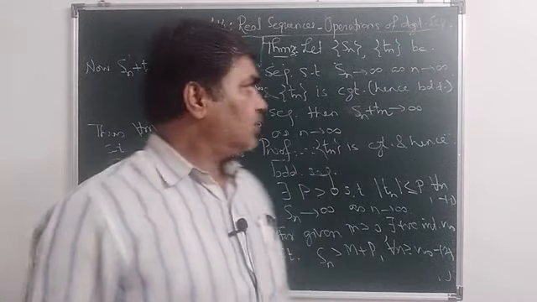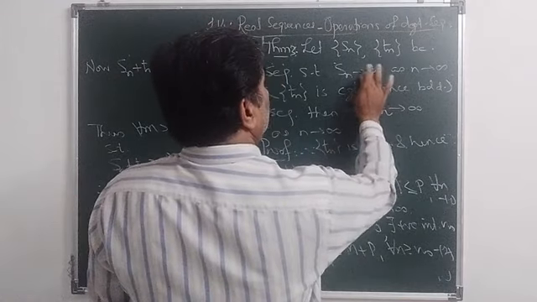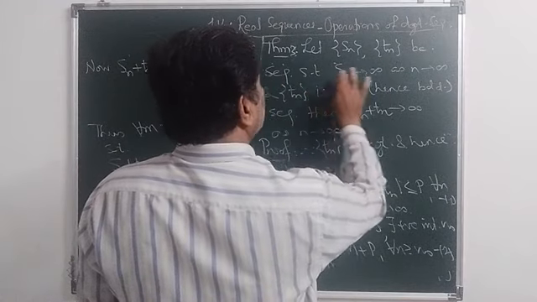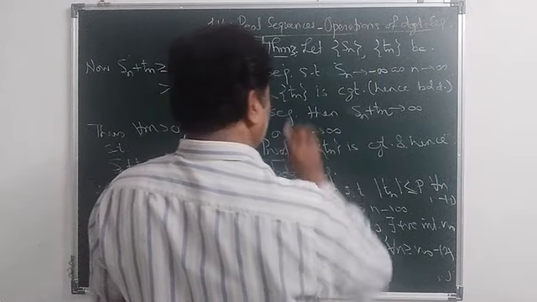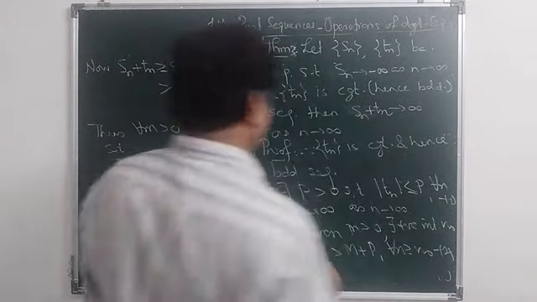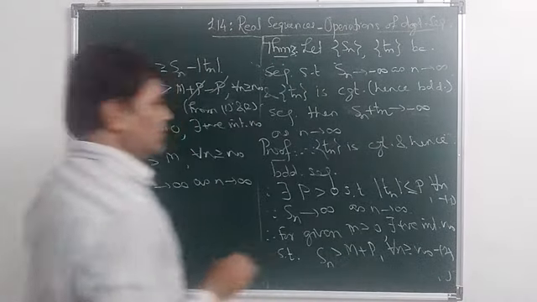So take next as: if Sn is a sequence diverging to minus infinity and Tn is a bounded sequence or convergent, then Sn plus Tn goes to minus infinity.